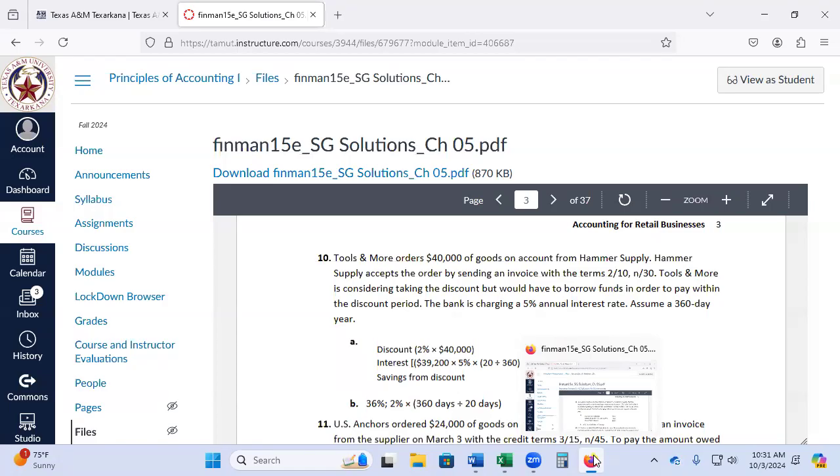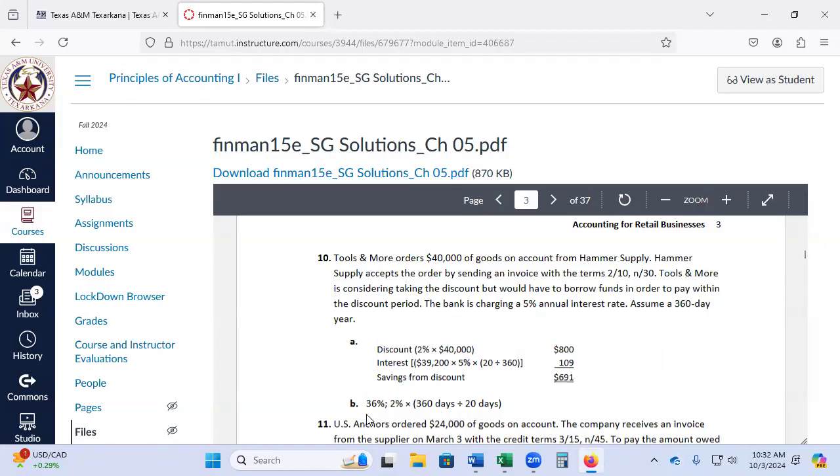The 20 days is the amount that they assume that they would have to pay that interest because they borrowed money. Whereas they would have paid it off in 30 days, but they have to borrow that money on the 10th day. And so they have to pay interest until the 30th day when they would have the money to pay it off, theoretically.